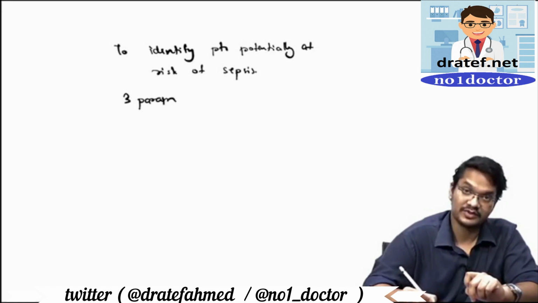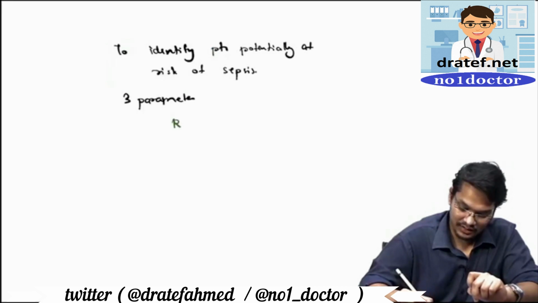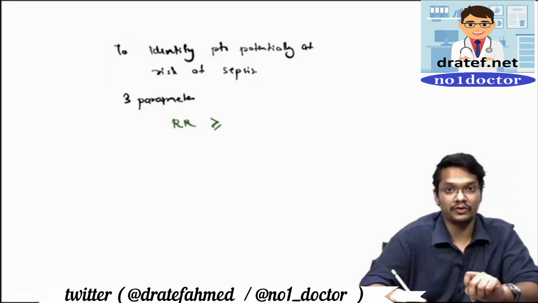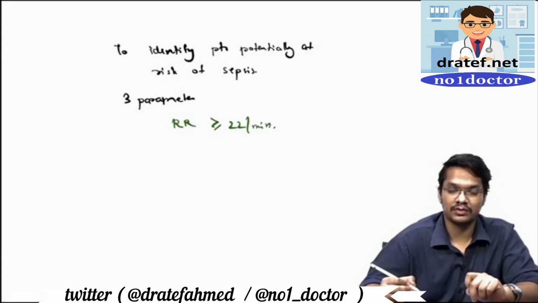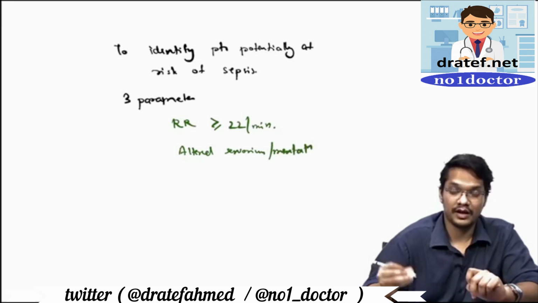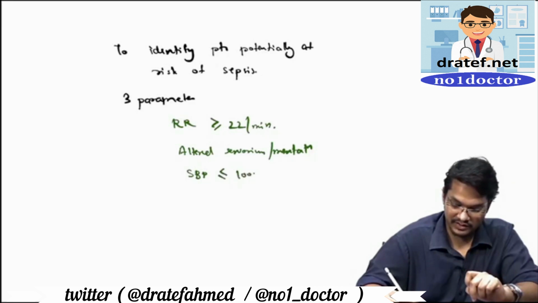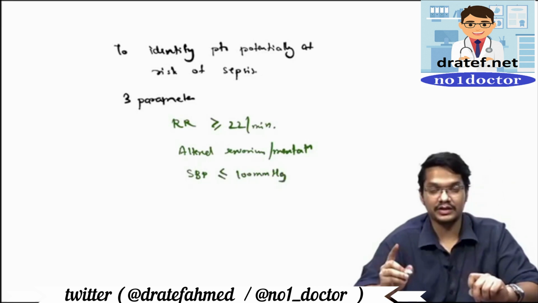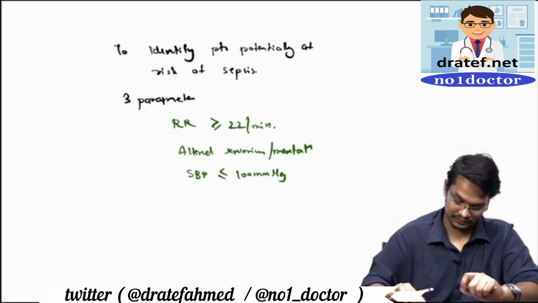That's why it is also called a Sepsis 3 score. And these parameters are a respiratory rate of more than or equal to 22 per minute, altered sensorium or mentation, and an SBP of less than or equal to 100 mmHg. Not 90 but 100 mmHg. Okay, this is the quick SOFA score.